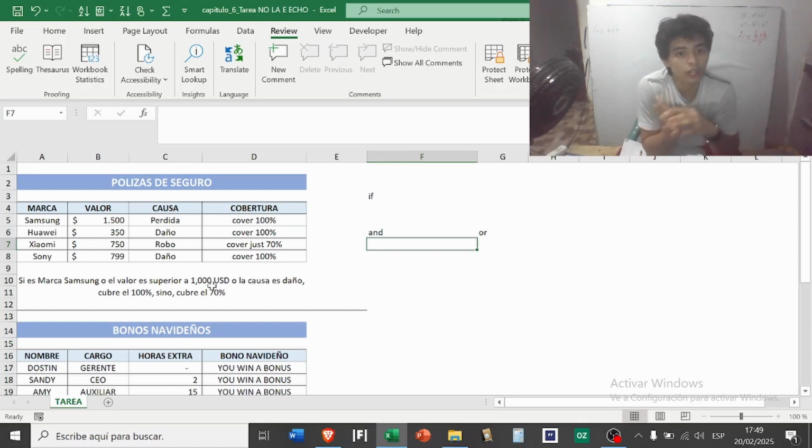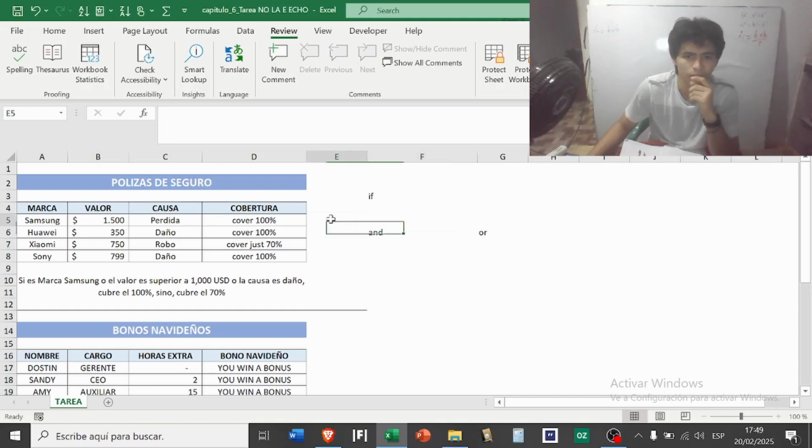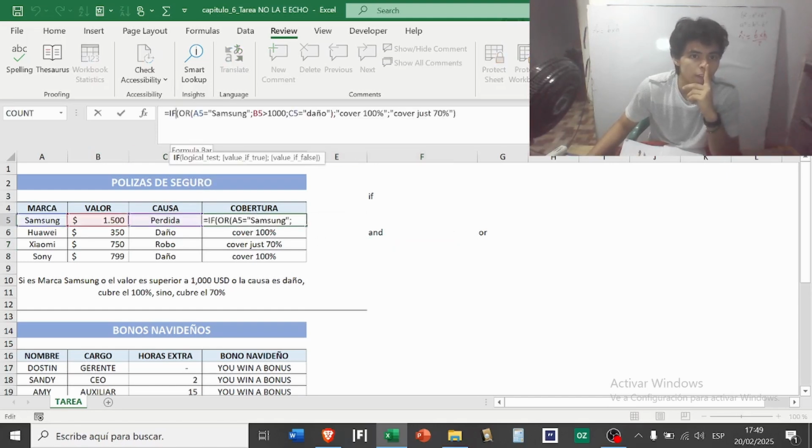If not, cover 70% of the damage. Let me explain something. IF is my main function, the first function. The second function is OR.